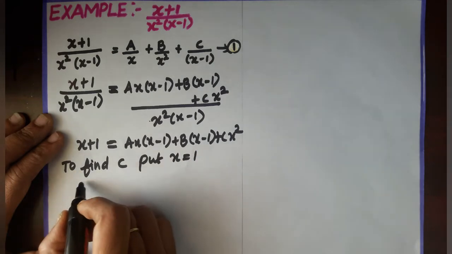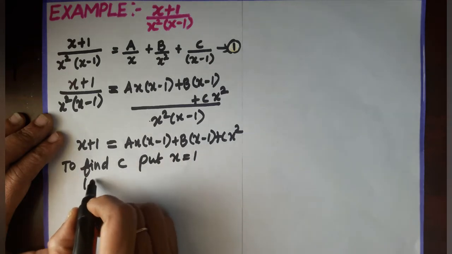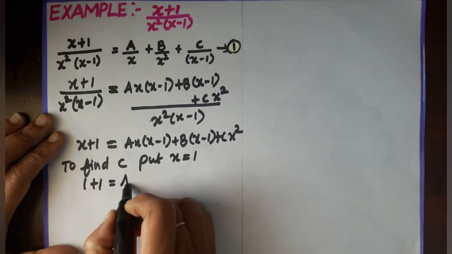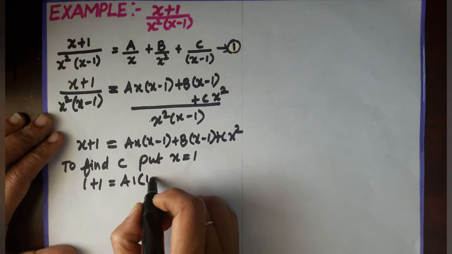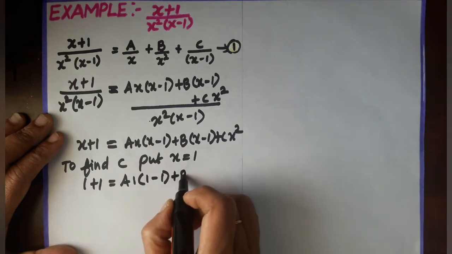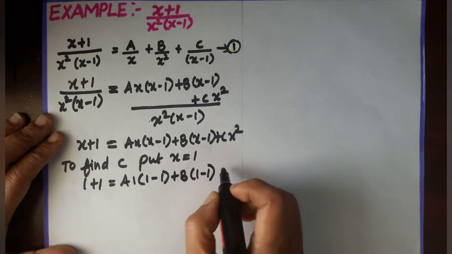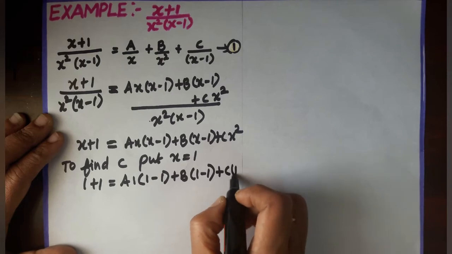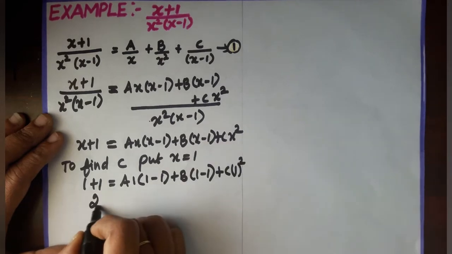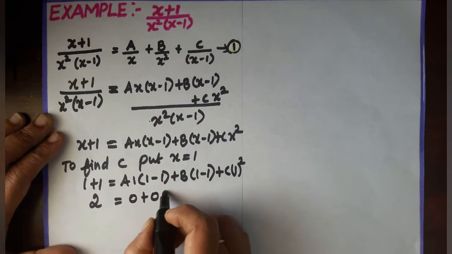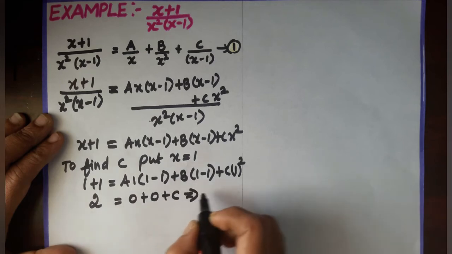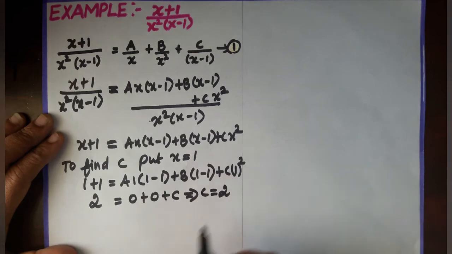Then we get 1 plus 1 equal to a into 1 into 1 minus 1 plus b into 1 minus 1 plus c into 1 square. 1 plus 1 is 2. So, first term and second term will become 0 plus c, which gives c equal to 2.